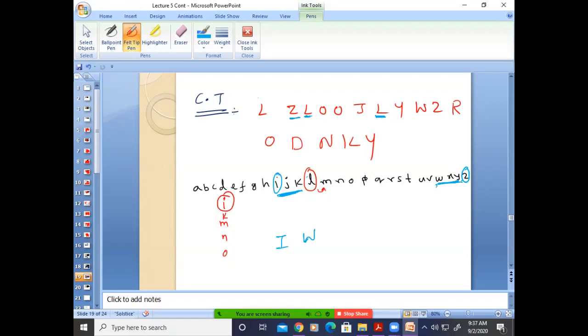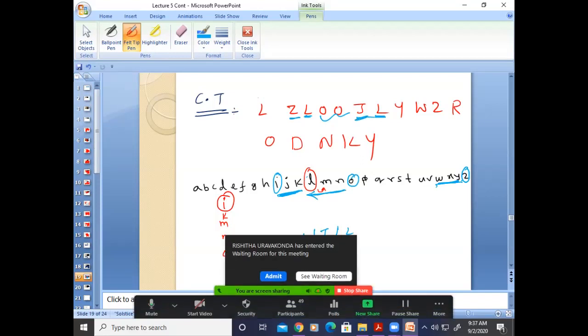Next, it is coming L, so it will be W. Now can you identify what this can be? For O, where is the O? The third letter before. Similarly, you can identify the third letter for J.